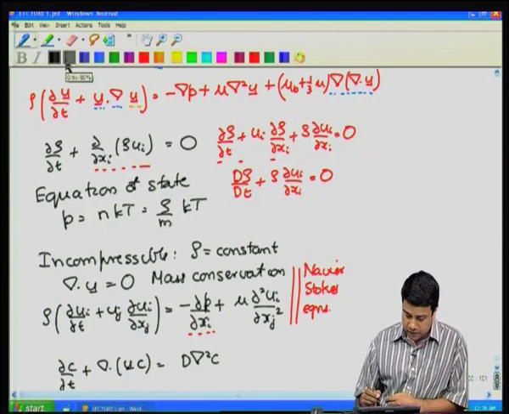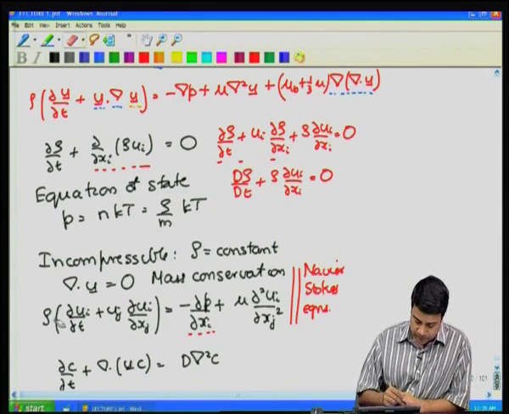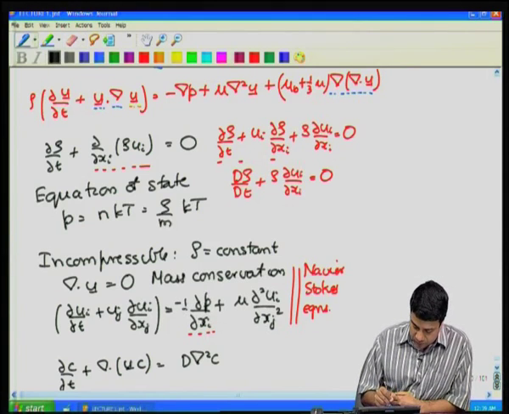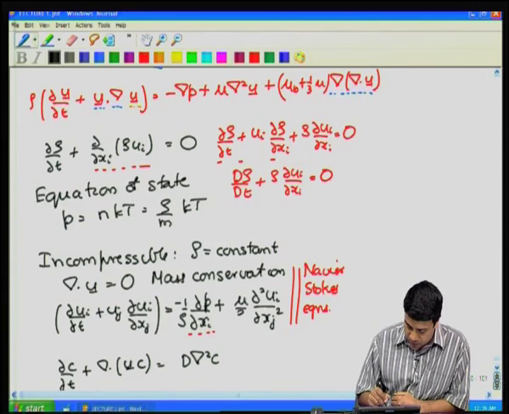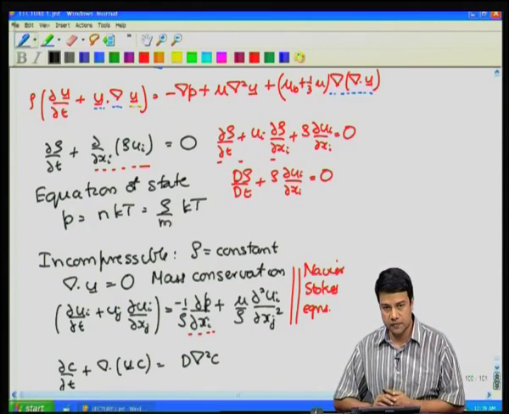Here, if I divide throughout by the density in my momentum conservation equation, I will get minus 1 over rho grad p, and this is mu over rho. Mu by rho is the kinematic viscosity, the momentum diffusivity.